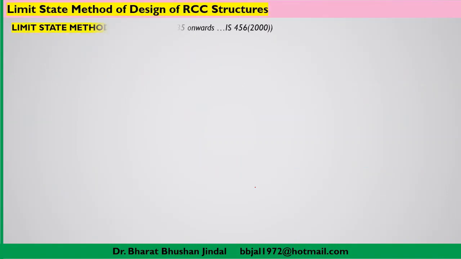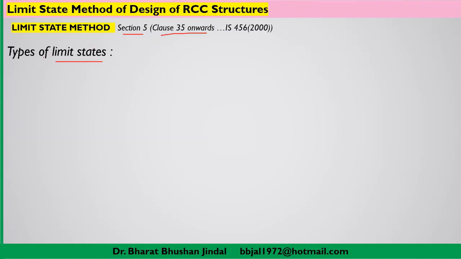Now, regarding the limit state method, you can refer to a whole section, section number 5, which is devoted to this methodology. It will start with clause number 35. You can refer to IS 456 section 5, which starts with clause number 35. So now we have to understand what we were talking about in the previous slide, that there are some limit states.